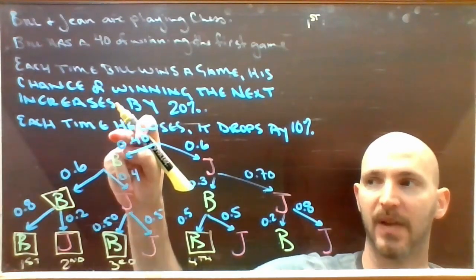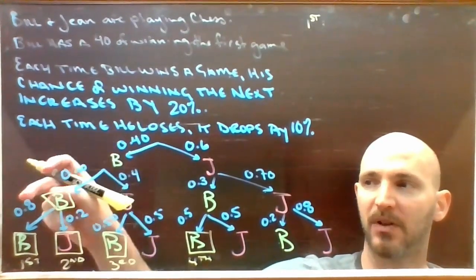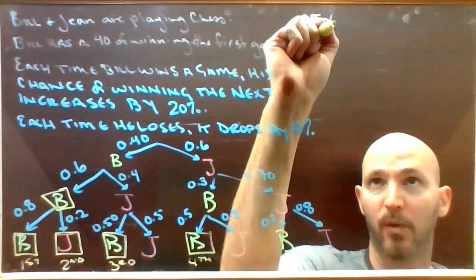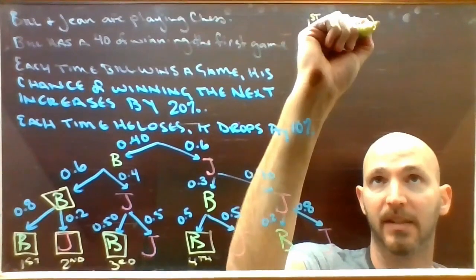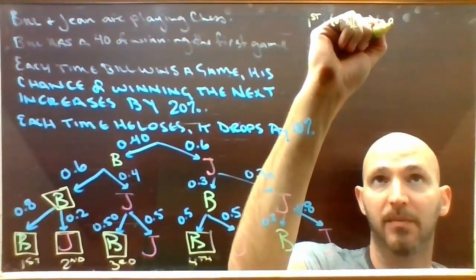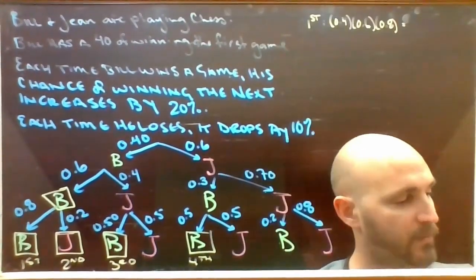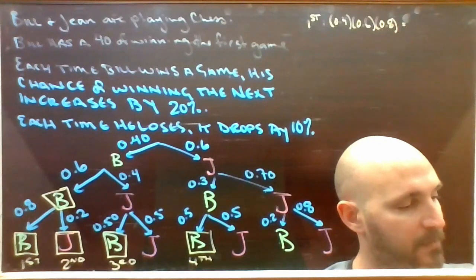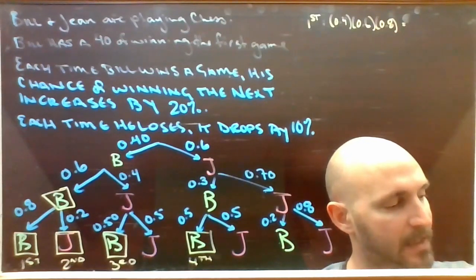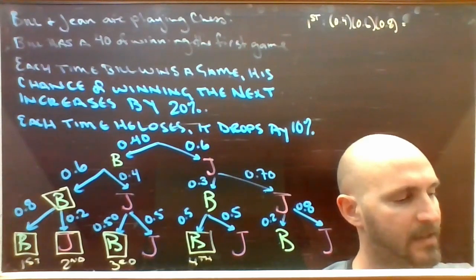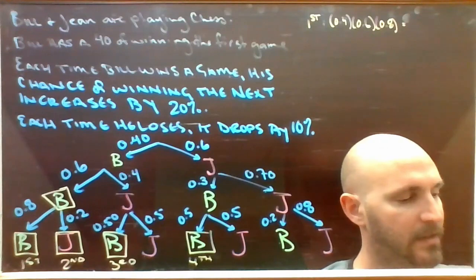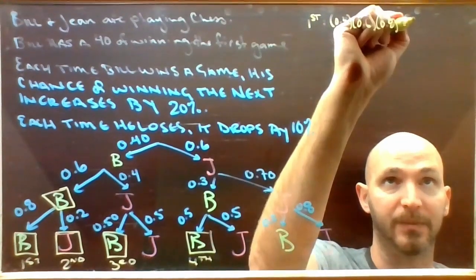So I have to do this multiplied by this multiplied by that. 40% chance of winning the first one, 60% chance of winning the second one, 80% chance of winning the final, so 0.4 times 0.6 times 0.8, which is 0.192.